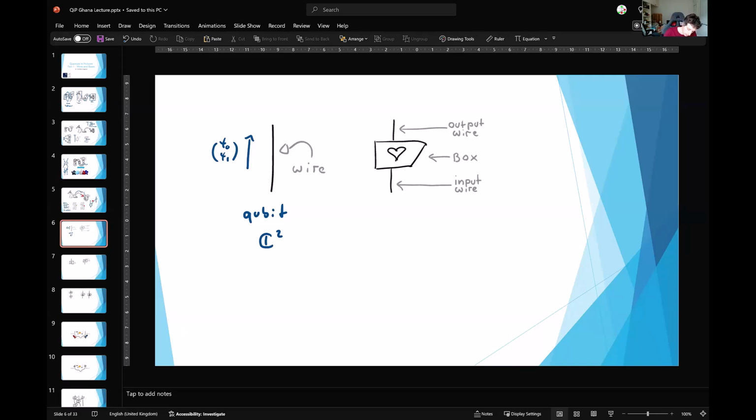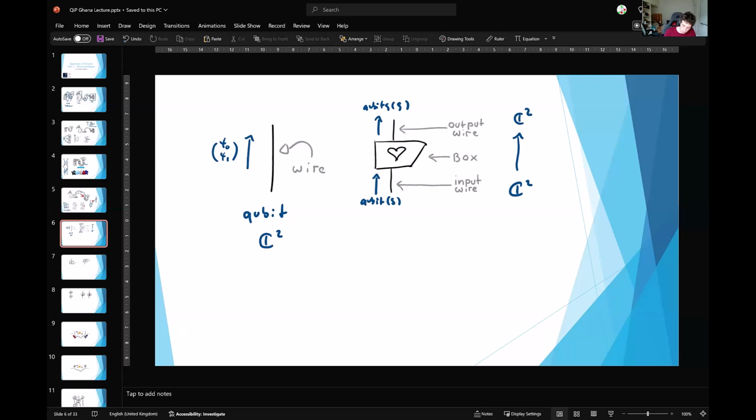A box, on the other hand, is more interesting because a box is something that takes one or more qubits, because it could have multiple wires coming in, and returns one or more qubits, because it could have multiple wires going out. In this case, it's something that goes from a single qubit to a single qubit, because there's only one wire in and one wire out.